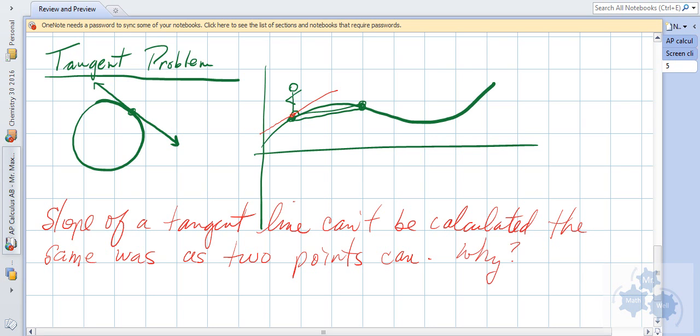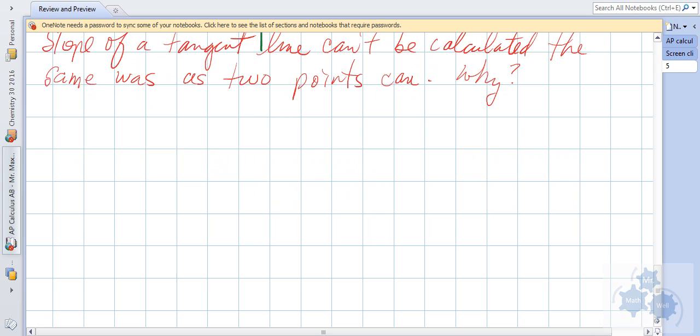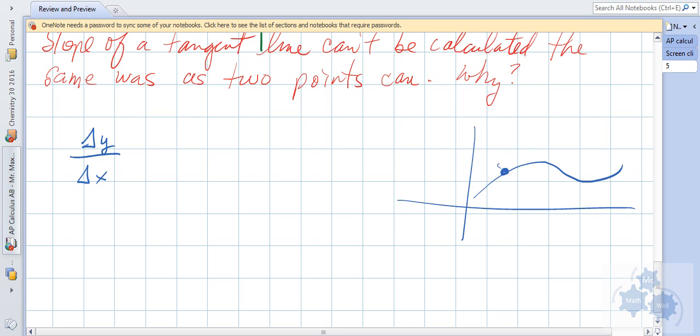Why is that? Well, I'll tell you why that is, because slope is change in y over change in x. If you have 1 point there, 1 point, and there's not 2 points, then there is no delta y.